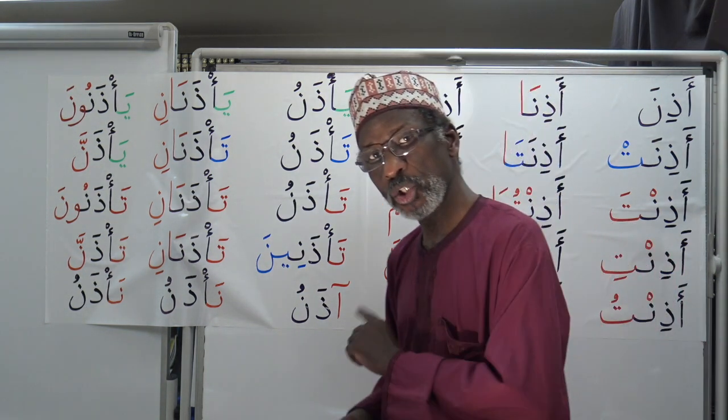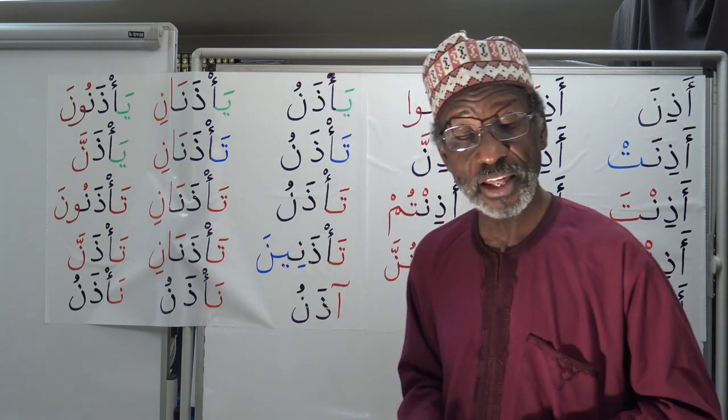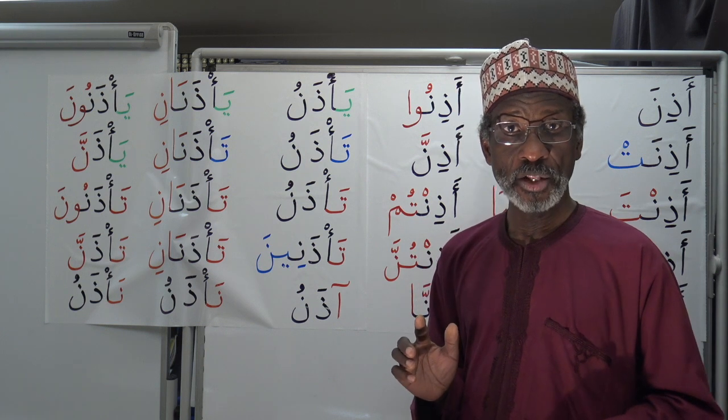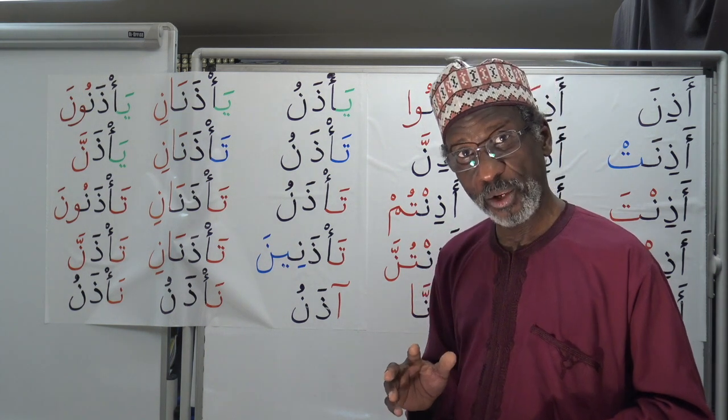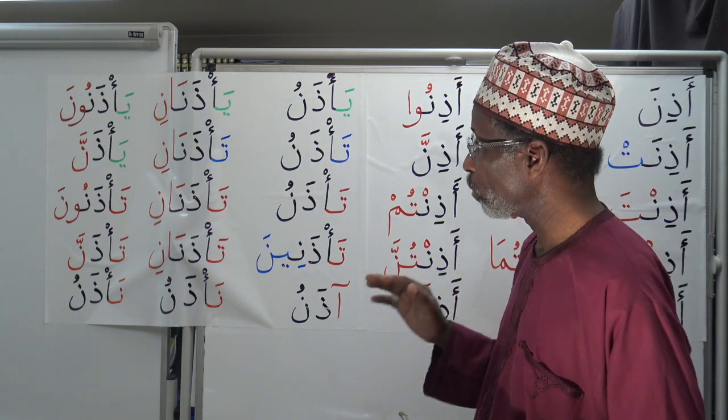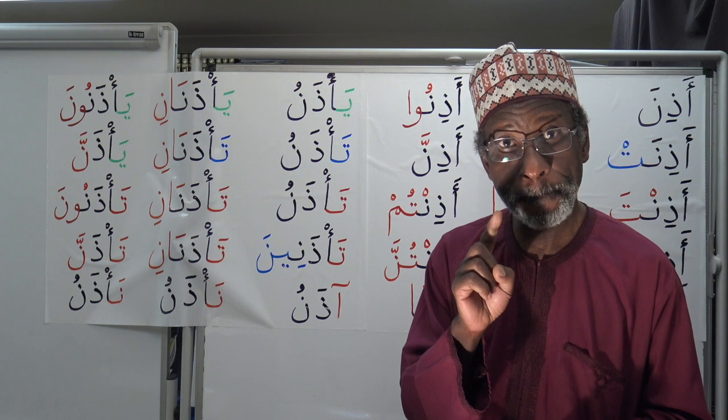Now, what we're going to do now is have a look at the imperative, fi'l amr, to see what other adjustment is happening there. And we will see that now, and I will go through the imperatives with you.